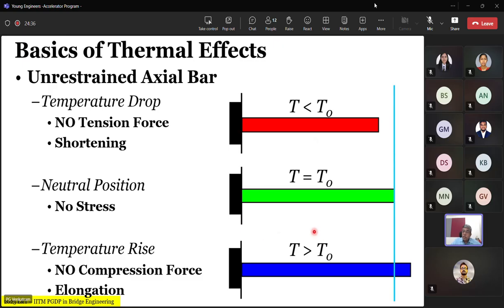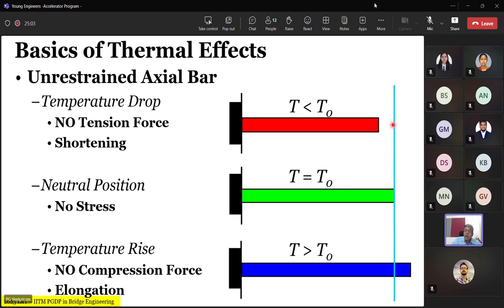What do we mean by breathe? If the temperature rises or falls, no forces should develop in the structure, but it must have the ability to deform. You must build deformability into your structure, and only then will you have a no-stress condition right through.